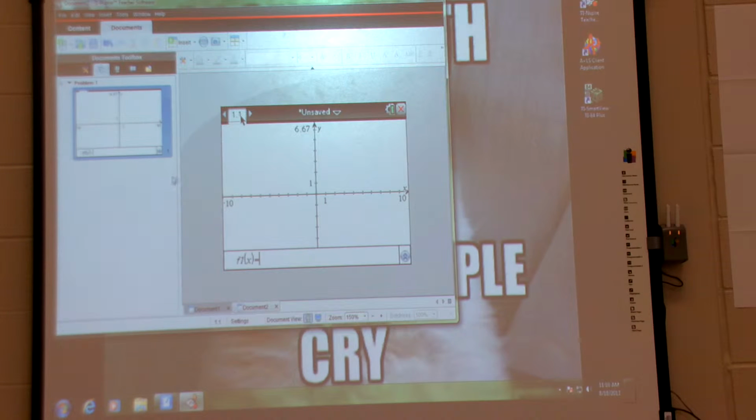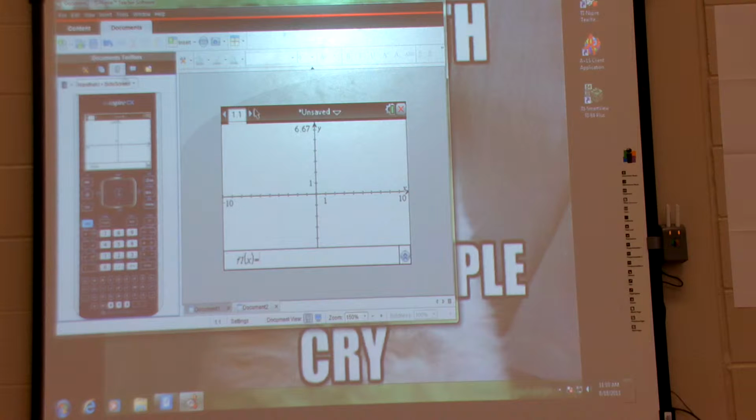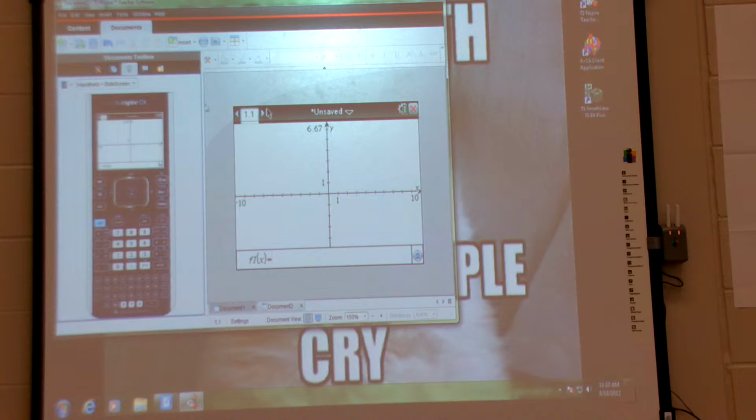And I changed my window the other day and it's not right. It was much bigger. I know it's kind of small.